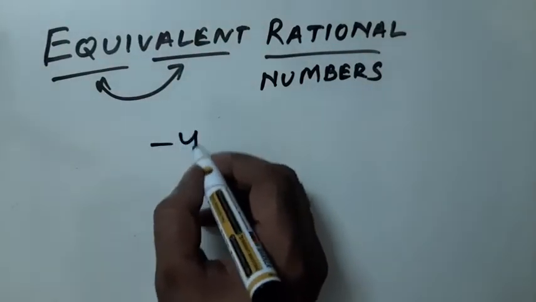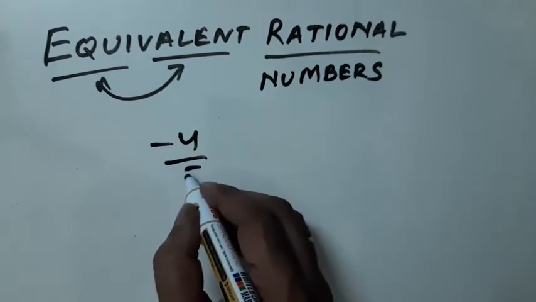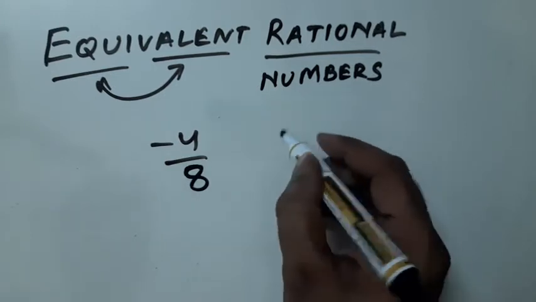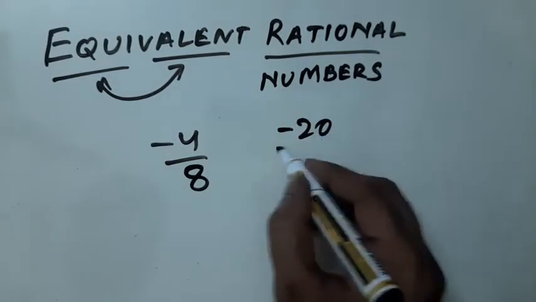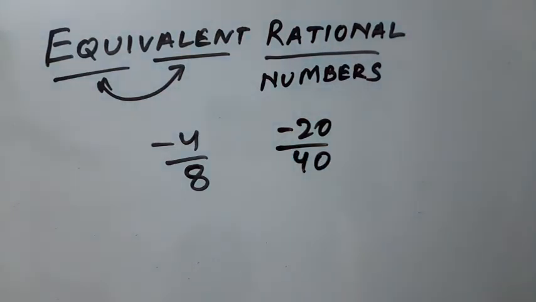If we take two rational numbers, minus 4 by 8 and minus 20 by 40, how do we verify whether these two are equivalent or not?